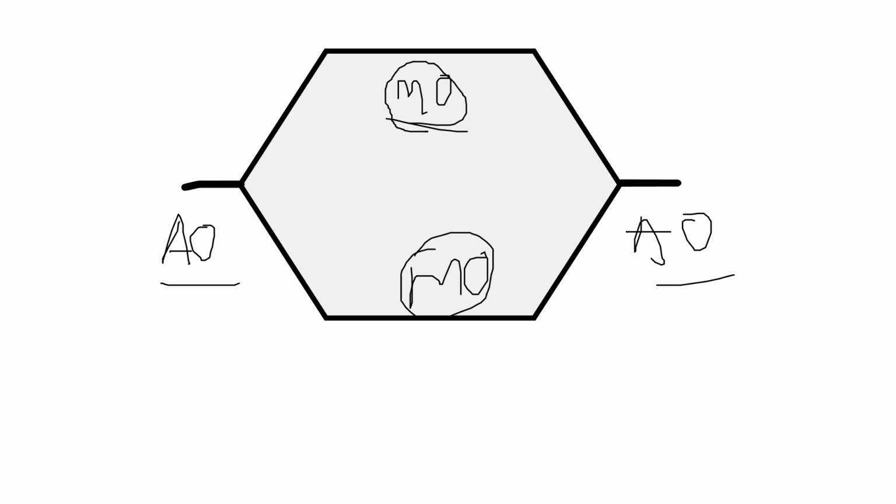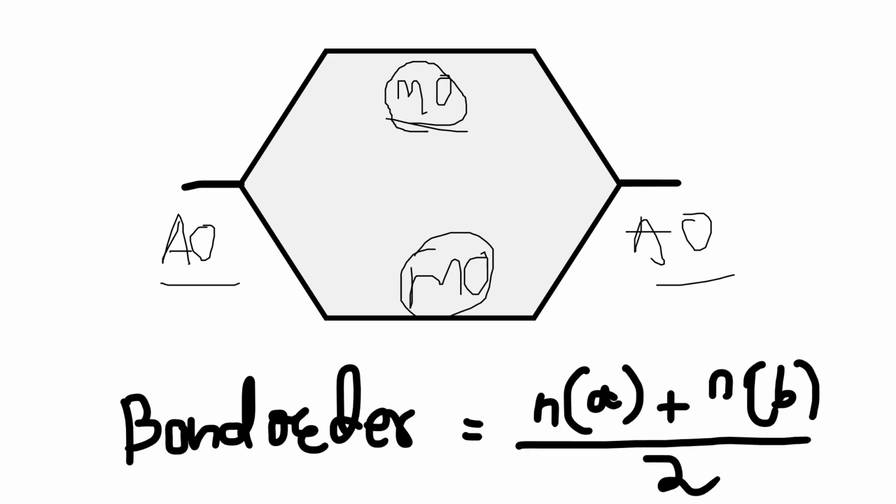While on the other hand, just assume that we do have two types of bonds and there are 16 electrons. So how many lone pairs would be there? How many pairs would be there? This all is discussed by the formula of bond order. We can find out how many pairs would be there, how many lone pairs will be there.